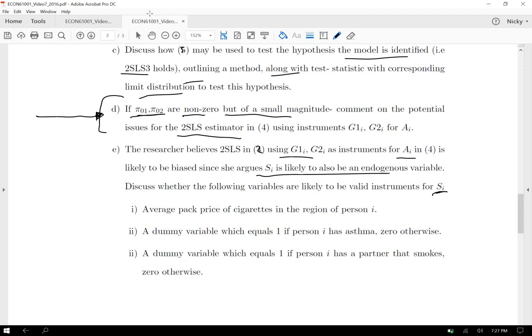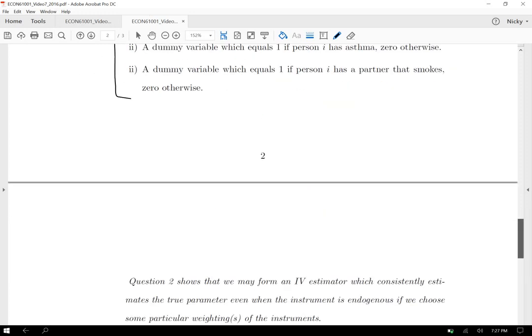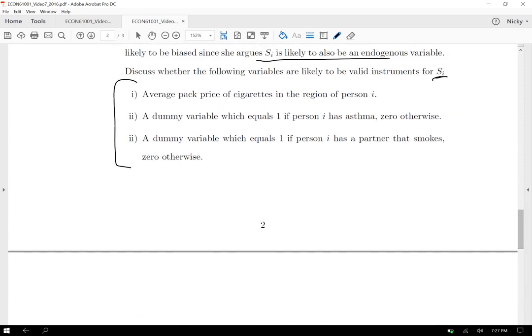Okay, so the next question asks you to discuss whether or not you think these particular instruments would likely be valid or not. In this question, again, it's more of a wordy question, but you're expected to know what it would mean for any of them to be a valid instrument, and then you'd be expected to justify whether or not you think they would be. So the first part, there is a right or a wrong.